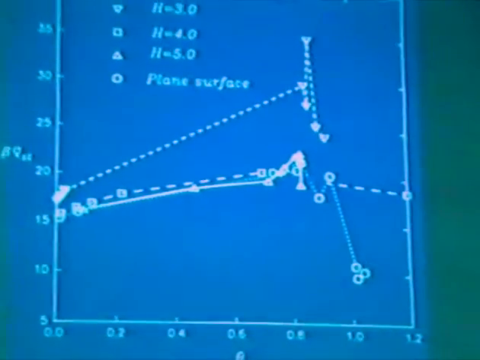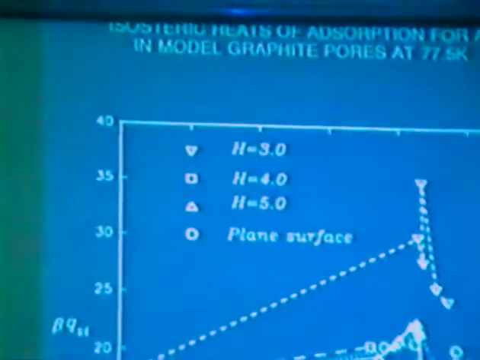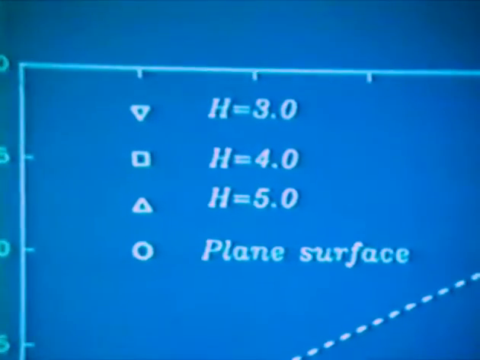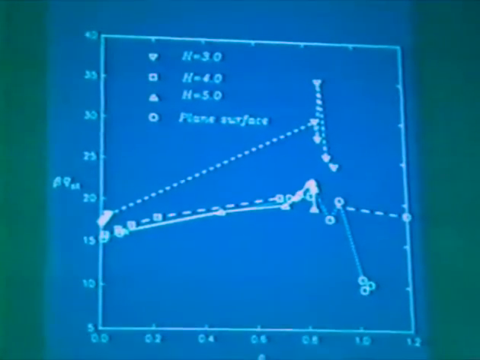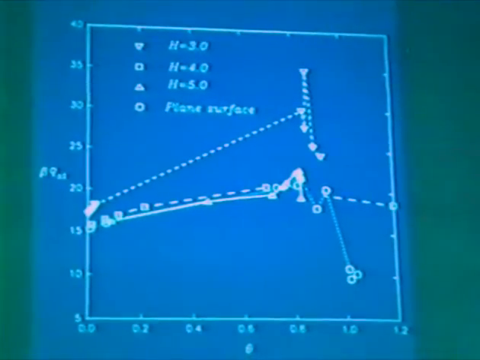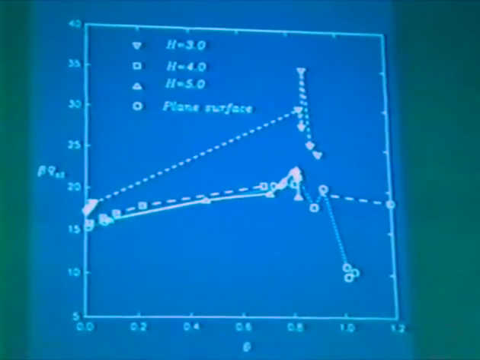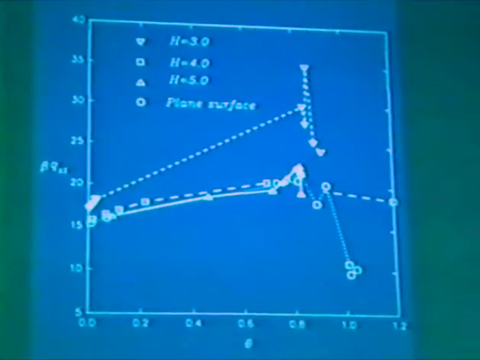These are now heats of adsorption, which we can get from the simulation as well. The thing to see here, these 3 lines which are rather jumbled together for the plane surface and the 2 largest pores. There is some enhancement in the heat of adsorption in this region in the 4D pore, but the really dramatic change comes when we go down to the smaller size.